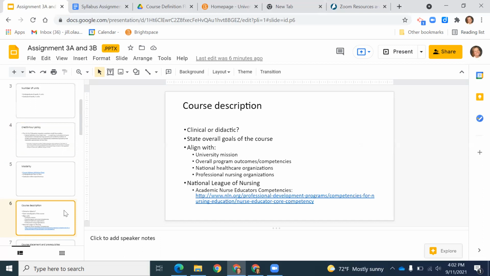you want to make sure that it meets with the general mission of the university, the overall program outcomes and competencies. And if it's an undergraduate nursing course, then you're really going to be looking at making sure that your course is preparing students to become RNs.